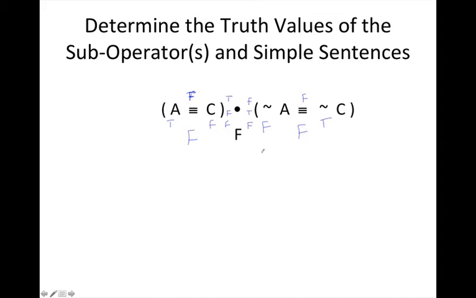But again, this is just conjecture, because when dot is false its sub operator can be false in two ways, and no other part of the sentence is forcing us into making A true or C true or A false and C false, we're left with sort of an open-ended set of values.